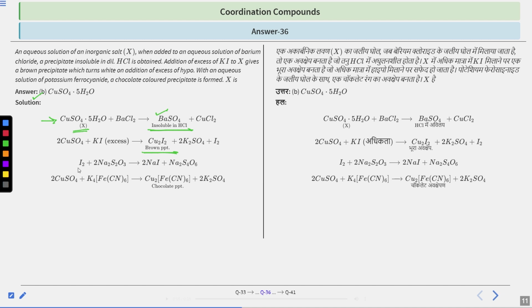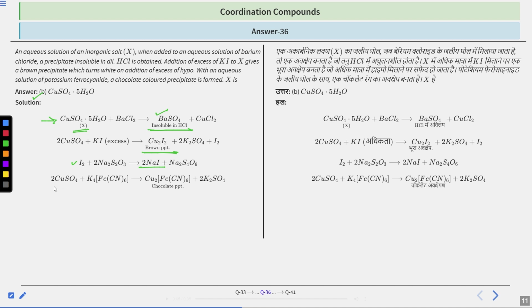Now, when we react the I2 with 2Na2S2O3, that is hypo, excess hypo, we will get 2NaI, a white precipitate. That means brown precipitate is converted to white precipitate, plus Na2S4O6.